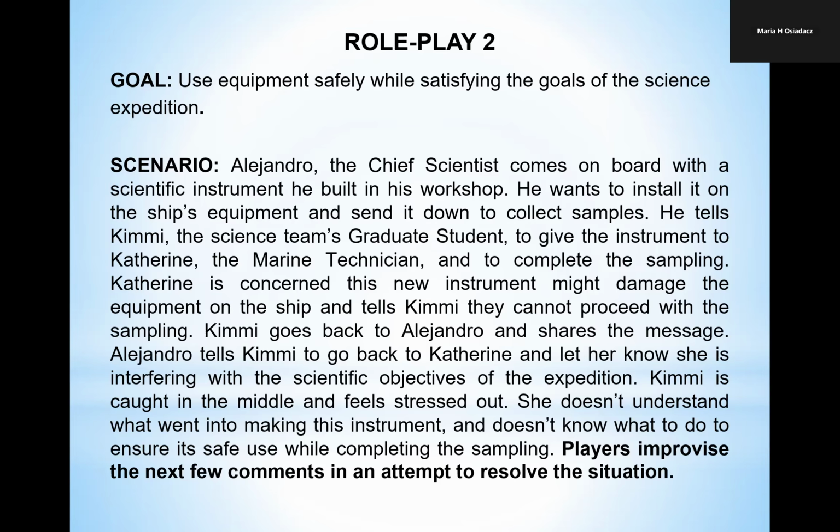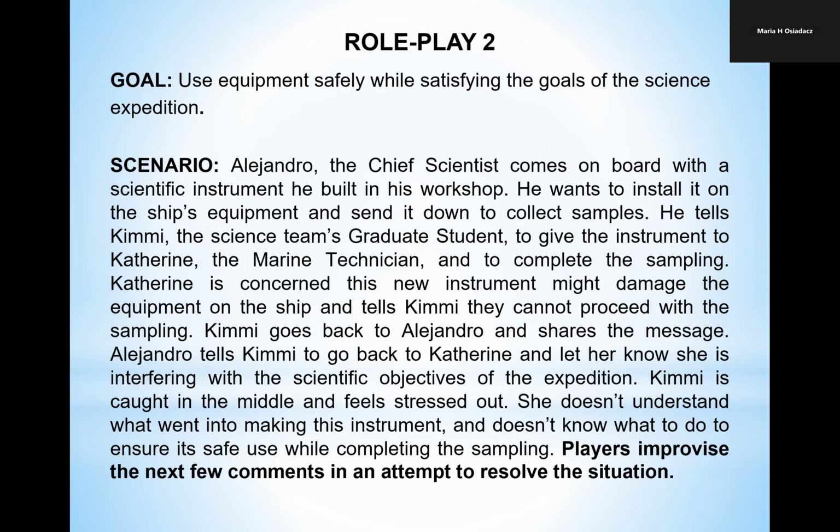Ultimately, since we needed approval of this instrument from the people who have the authority to say this is safe, this is not, my suggestion was to talk to the chief mate or the captain and see if this instrument will indeed damage our equipment, or if it will, then we should probably not use it.